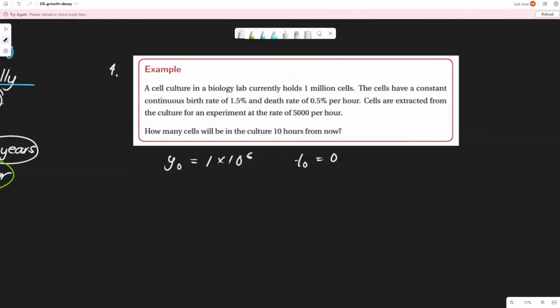Hindi siya plug and play, guys, na yung y is equal to c e raised to rt natin. Bakit? We still need to create the model because we have factors to consider. Ano yun? Birth rate of 1.5%, death rate of 0.5%, at saka yung extraction at the rate of 5,000 per hour. Okay, so how are we going to model this one?